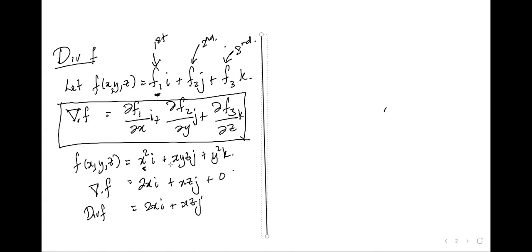In the original function, we differentiated the whole function with respect to x, the whole function with respect to y, the whole function with respect to z.